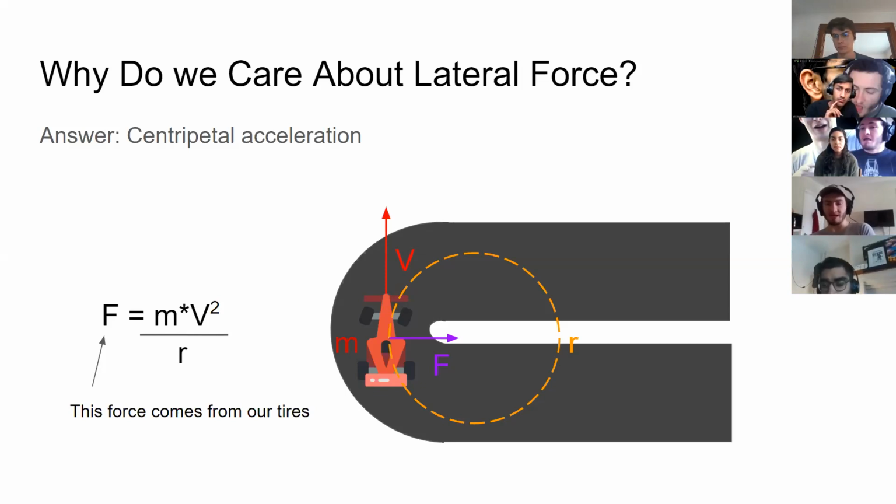What's actually happening is your car is moving in a straight line. And when you turn your wheels, you generate forces at the front and rear tires that are pointing to the right. And when your force is all to the right, your velocity doesn't change at all because there's no acceleration in the longitudinal direction.